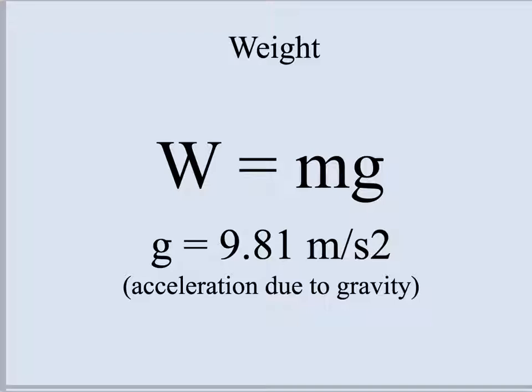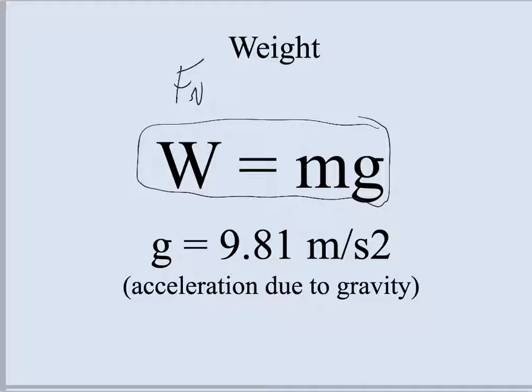Now, if you think about it, this idea of weight is just a modification of the second law of motion. We know that the net force is equal to the mass times the acceleration. Well, one type of acceleration is gravitational acceleration, g.